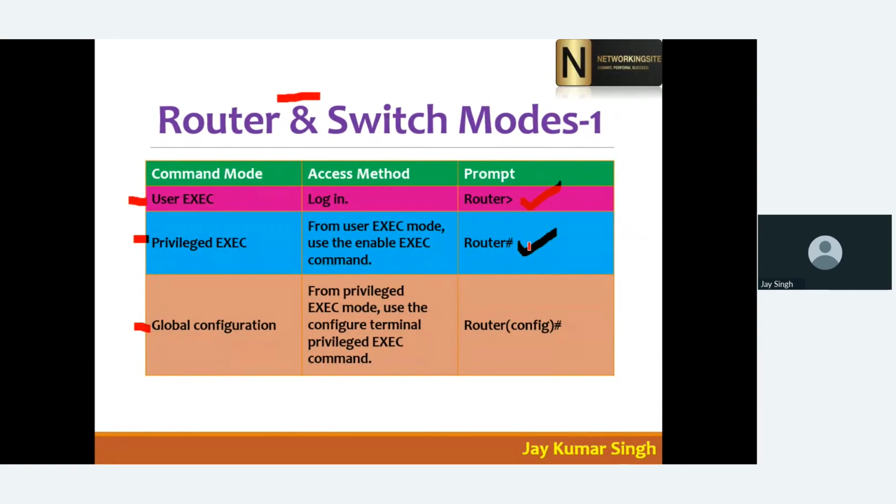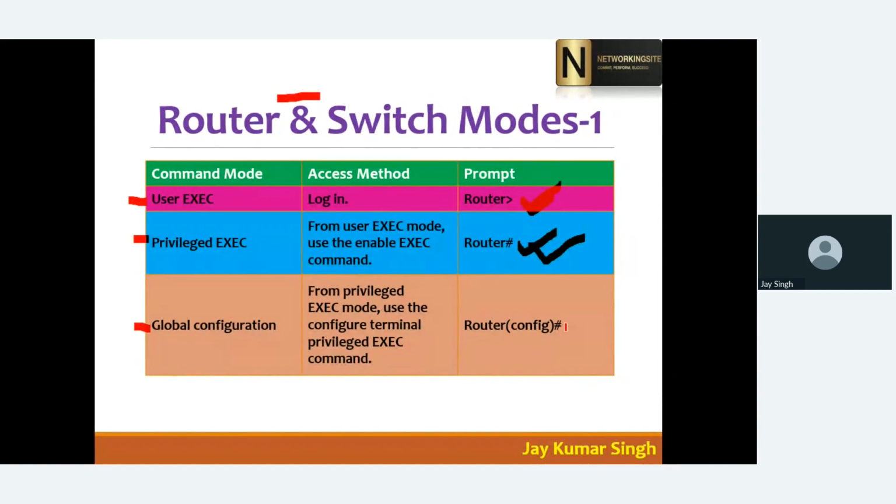That means you can get the information which is running inside the router, and you can delete the configuration of the router, for example if you did some misconfiguration in the device. With the help of privilege mode you can erase the configuration, and you can reboot the router also. But in user mode, you cannot erase or reboot.